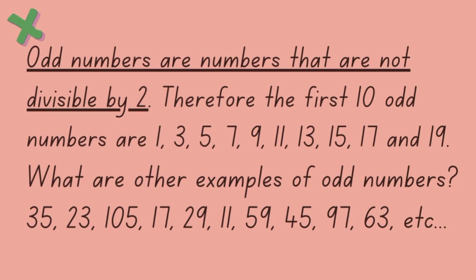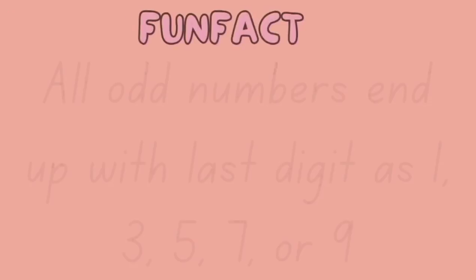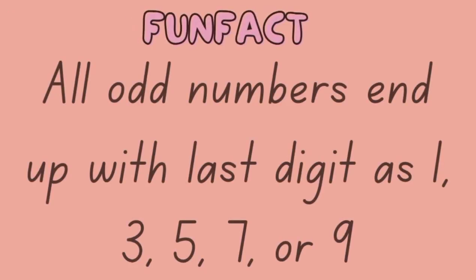What are other examples of odd numbers? 35, 23, 105, 17, 29, 11, 59, 45, 79, and 63, and so on and so forth. Fun fact: all odd numbers end with the last digit 1, 3, 5, 7, or 9.